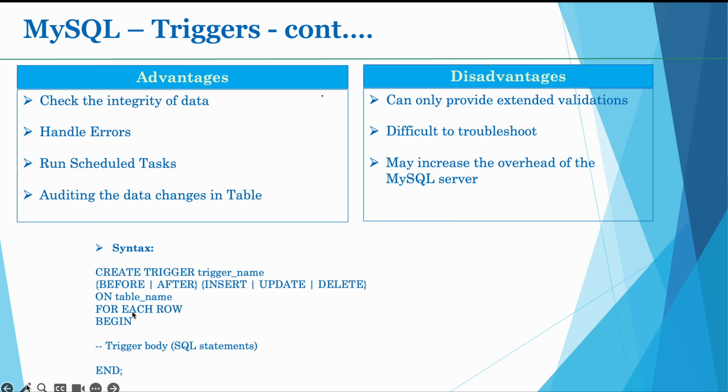For example, CREATE TRIGGER employee_update AFTER UPDATE ON employee FOR EACH ROW BEGIN, then the trigger body. The trigger body might insert history, capturing the audit of the data being updated in the tables. You pass those SQL statements, and the trigger will execute them and insert the data into the audit tables.